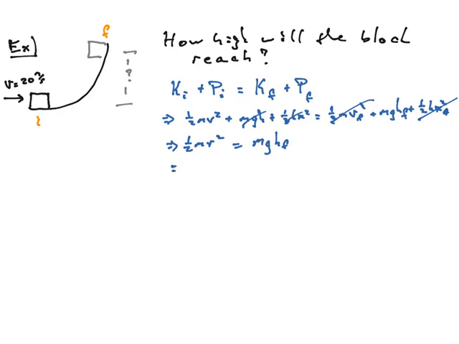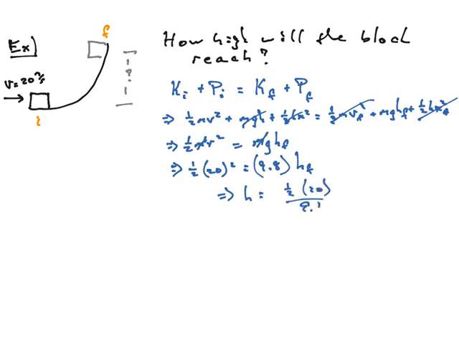So let's stick the numbers in. Notice there's an m on both terms, so m cancels with m. So I get 1/2 the velocity initial squared, 20 squared, is equal to 9.8 times the maximum height. So height is 1/2 times 20 over 9.8.